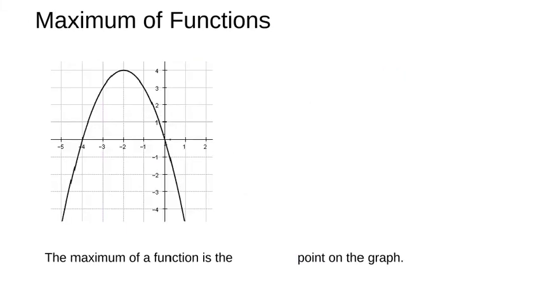Maximum is what it sounds like. A maximum of a function is the highest point on the graph, which makes sense. Minimum is lowest, maximum is highest. On this graph, the highest point is right up here at the top of the hill. So the maximum value of this graph is 4.